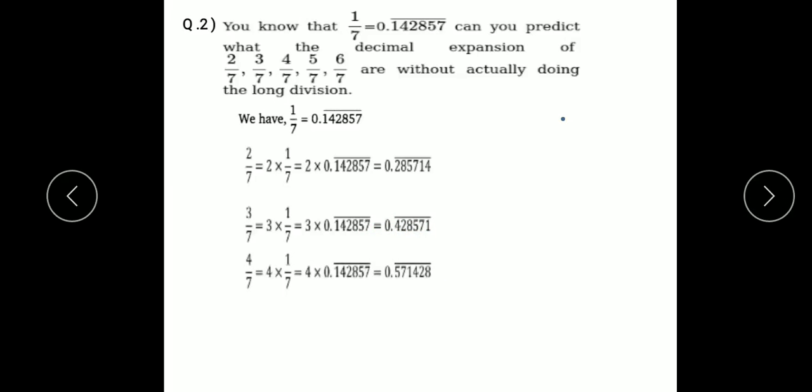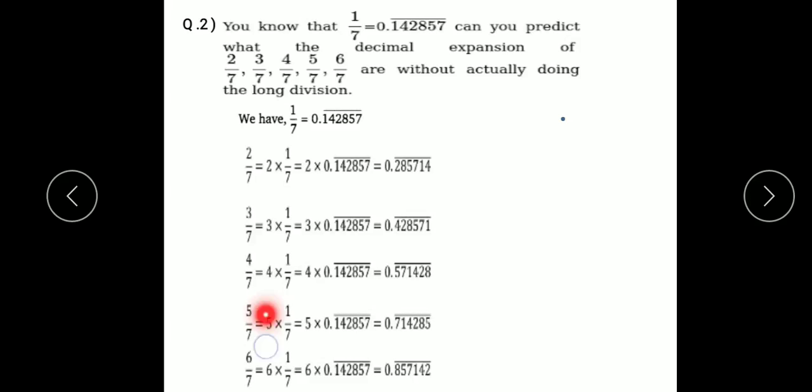0.285714. In a similar manner, we can find 3 by 7, which is 3 times 1 by 7, 3 times the value of 1 by 7, equal to 0.428571. 4 by 7 can be worked out in a similar manner as 4 times 1 by 7, 4 times the value of 1 by 7, which is equal to 0.571428.